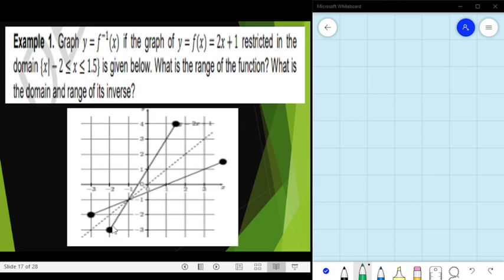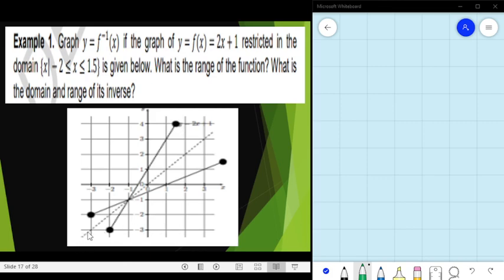So this is the original f of x graph. But since we are going to limit only to negative 2 to 1.5, when x is 1.5, we have 1.5 times 2 is 3 plus 1 is 4. That is why its domain is from negative 2 to 1.5.